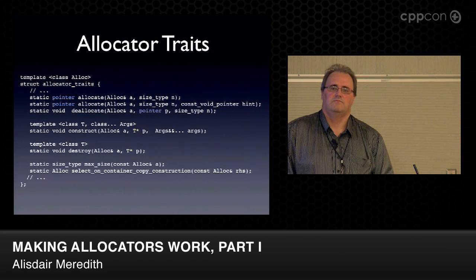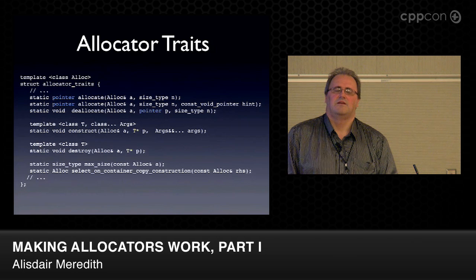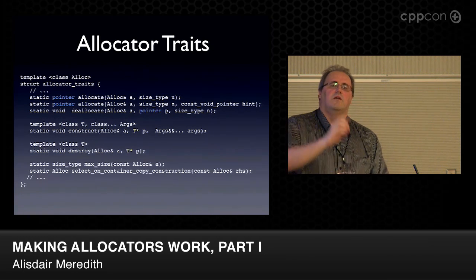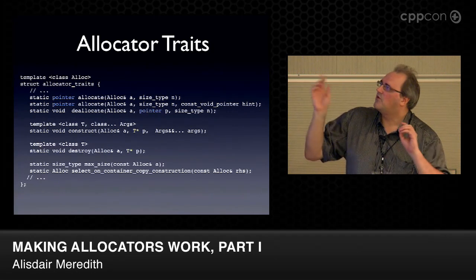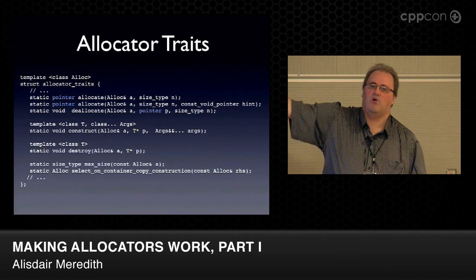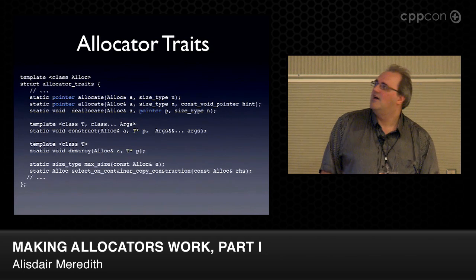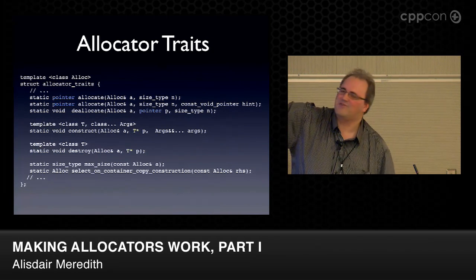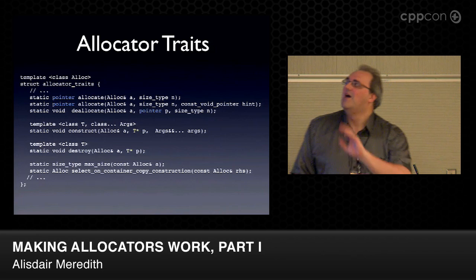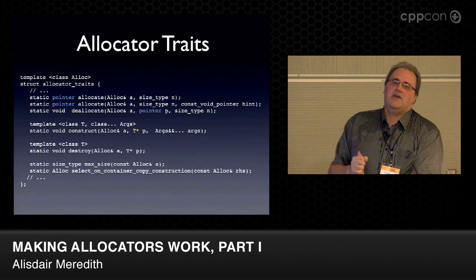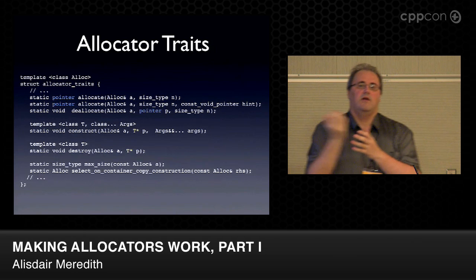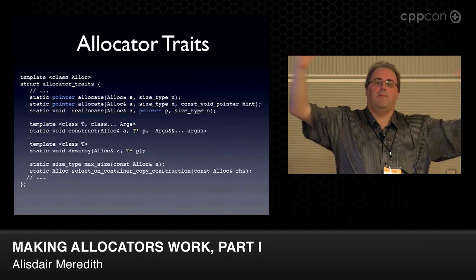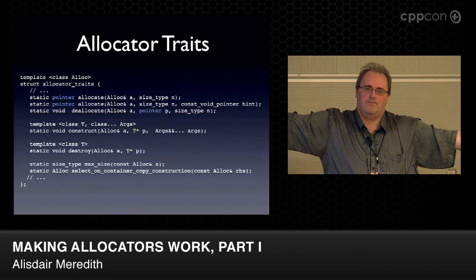This may be too subtle for me. What's the difference then between pointer and T-star? Does pointer have to be implicitly convertible to T-star, or is that conversion a property of the container itself? Okay. So the question is, what is the difference between pointer and T-star? Other than the fact that pointer is the pointer of the allocator type and T-star is deduced as anything. The pointer here is, if I've got an allocator for shared memory, it's passing me back a pointer to some amount of shared memory.